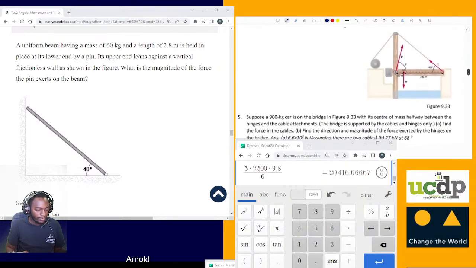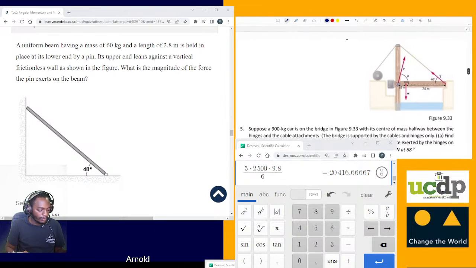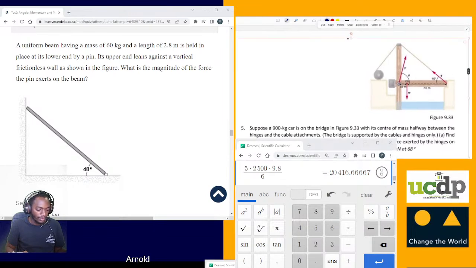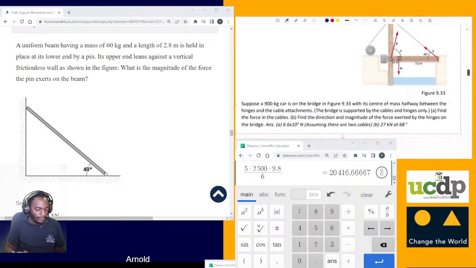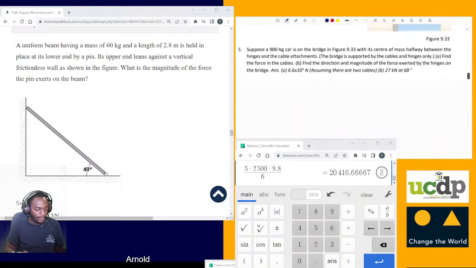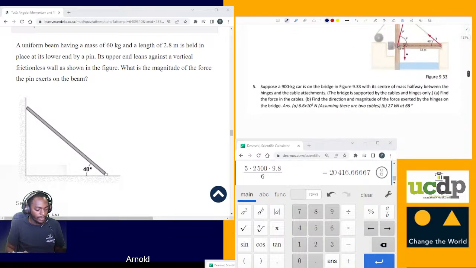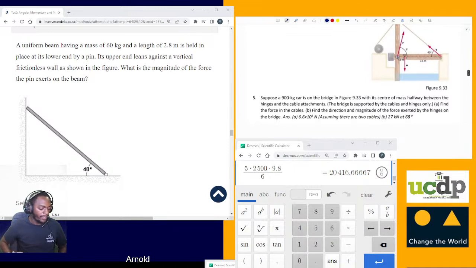So the problem continues. What does it say? All right, so suppose a 900 kilogram car is on the bridge, shown in figure 9.33, with its center of mass halfway between the hinges and the cable attachments.